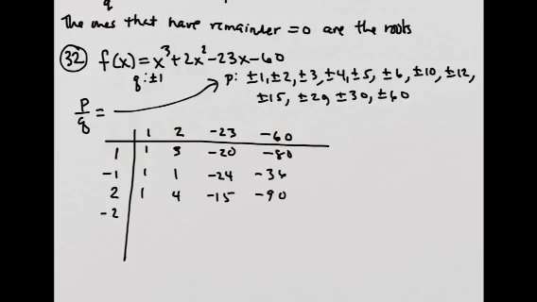Negative 2. I'll bring down the 1. 1 times negative 2 is negative 2. Negative 2 plus 2 is 0. 0 times negative 2 is 0. 0 minus 23 is negative 23. And then that gives you 46. 46 minus 60 is negative 14.